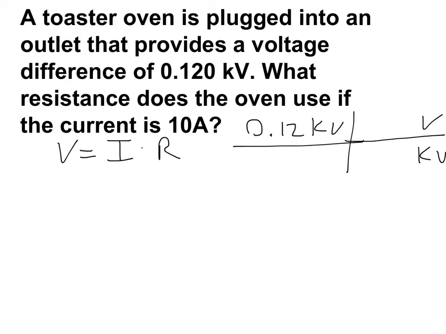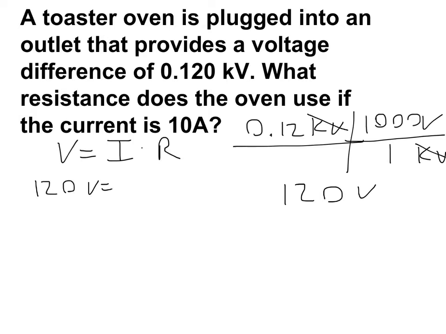Kilo is larger than the volt, so it's number 1. There's 1,000 volts in 1 kilovolt. When we do this, we multiply the top and divide by the bottom. Kilovolts cancel out, and we end up with 120 volts.